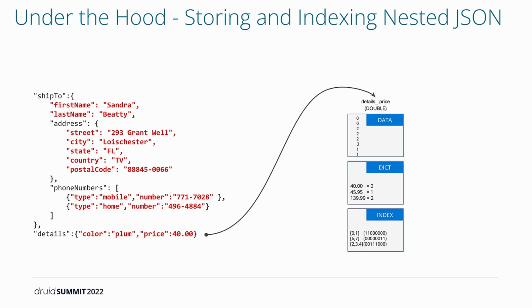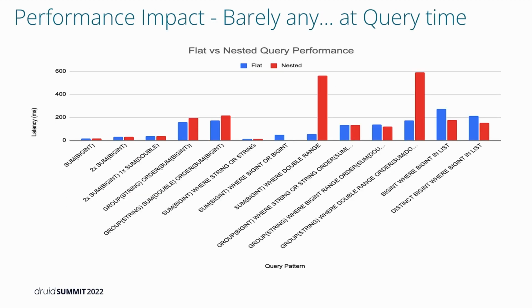And finally, it recognizes the data type of those JSON structures, so it'll create either long, double, or string columns when creating the automatic indexing. So let's talk a little bit about performance. There's barely any change at query time in the comparison here. What we're seeing in this chart is that we've ingested the same set of data in two different forms.